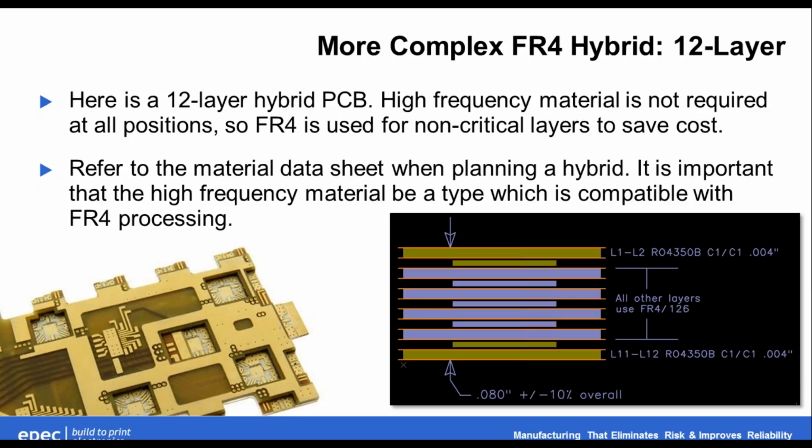And if you think about a 12-layer board and you're using a total of 6 cores and you're able to substitute 4 of those cores with FR4, which is only potentially 1/4 to 1/8 of the cost, this stack up on the right is saving you a ton of money rather than throwing high frequency material into all those positions for no particular electrical reason. So this is a good thing to keep in mind, that you can build hybrids, not necessarily with every combination, but with some combinations of materials. Again, it just says be careful to make sure that they're compatible.